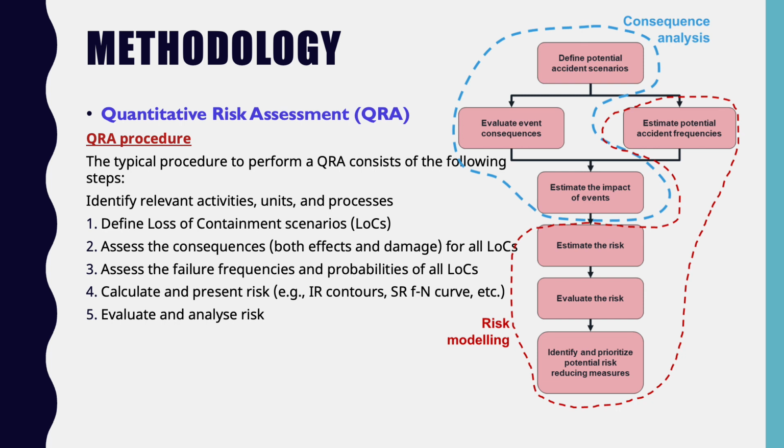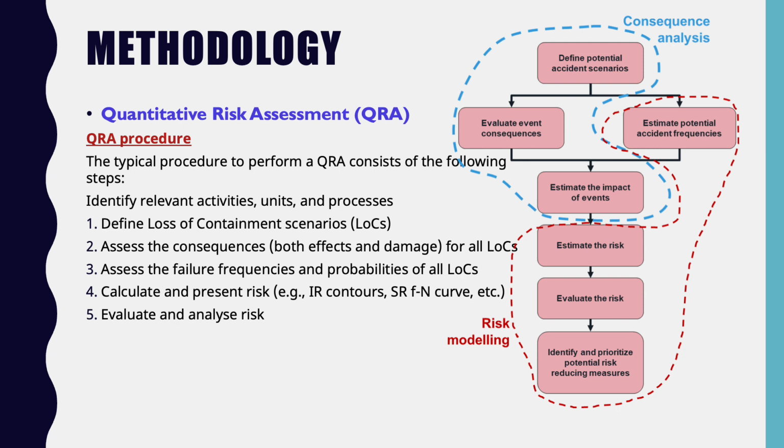It's the dotted blue color, and the red color shows the risk modeling, which is after we estimate the impact of the events. We can estimate the risk, and then after we estimate the risk, we can evaluate the risk. Then the last one, we can identify the priority potential risk reducing measures, which are mitigation measures, to develop risk modeling from quantitative risk assessment.